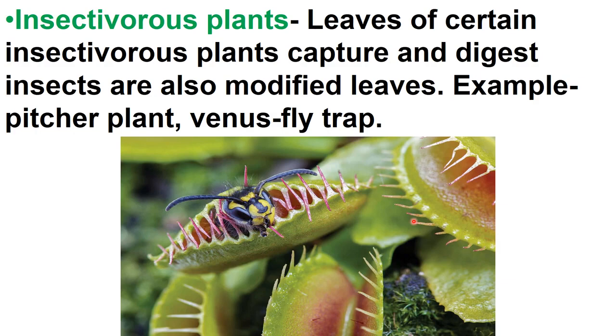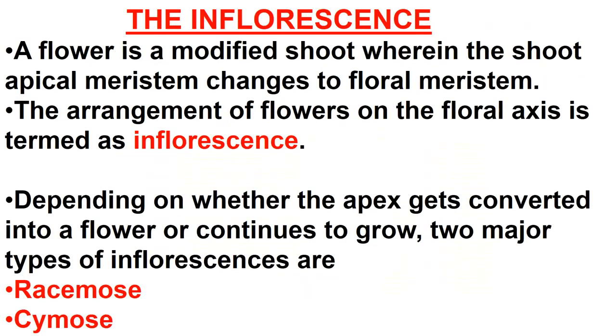That's why they capture the insects, okay? So you can see here, these leaves can capture the insect like this. One more example is the pitcher plant. Pitcher plant also has a leaf shape that can capture the insect, okay? So such insectivorous plants can modify their leaves to capture the insects to fulfill their nitrogen needs.